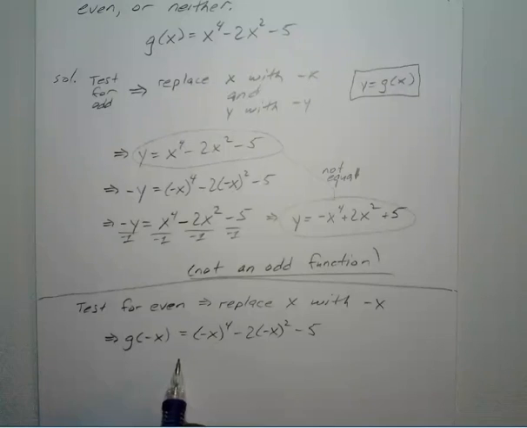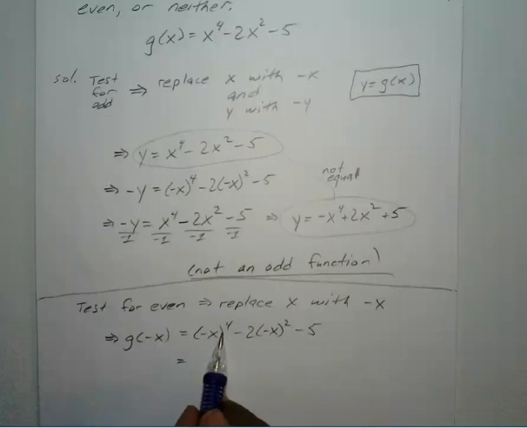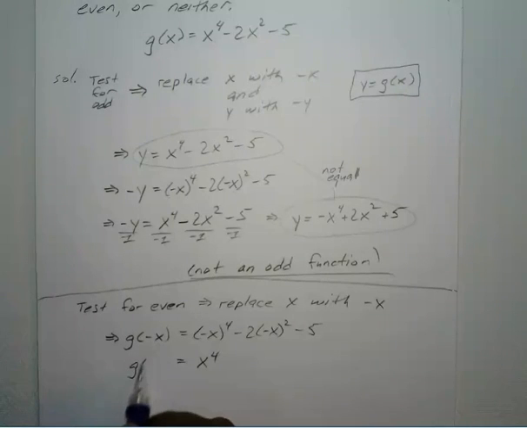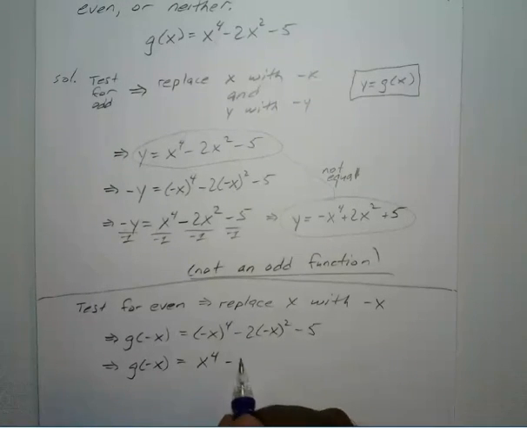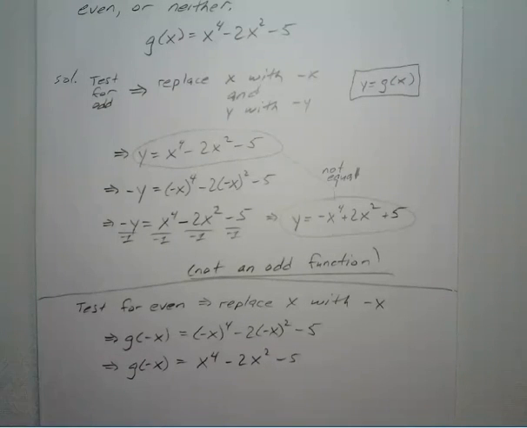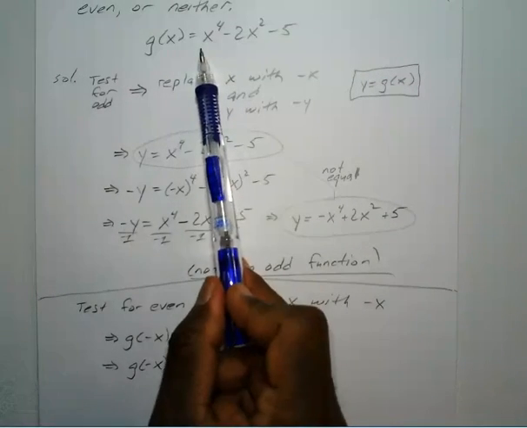All right, so you see here, negative x to the fourth power, that's just x to the fourth. So g of negative x minus 2. Remember that negative x squared is just x squared. So that's minus 2x squared minus 5. So you can see here, x to the fourth minus 2x squared minus 5 is equal to our g of x.